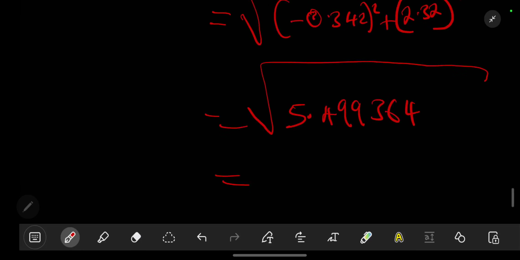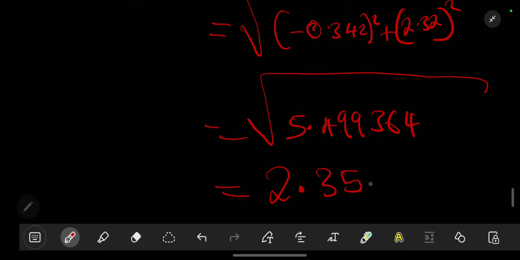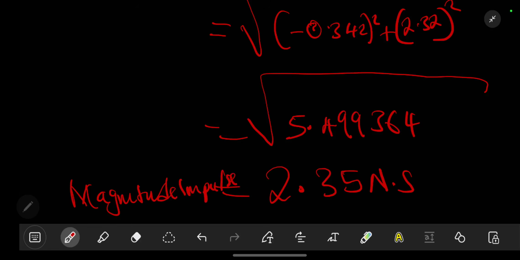When we find the square root of this, we are going to have a value of 2.3435 Newton second. So this is the magnitude of impulse. You can just write it properly like that.